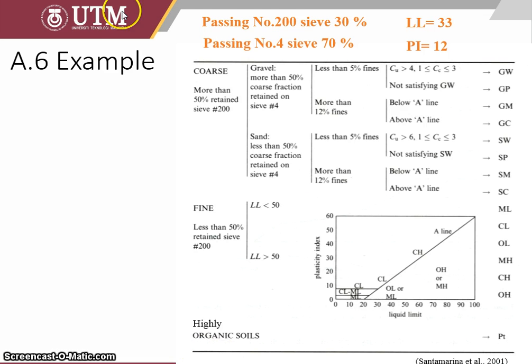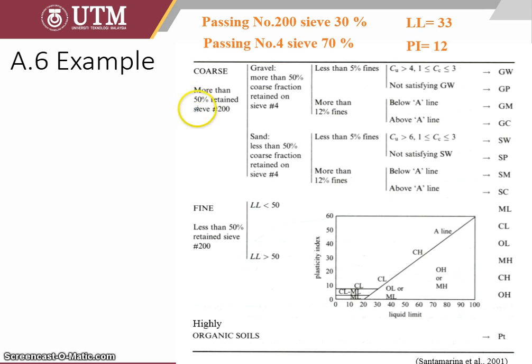Let's say we have data: passing number 200 sieve is 30%, so silt and clay is only 30%, with a liquid limit of 30 and PI of 12. Whereas passing number 4 is 70%, which means it might be a sand, not a gravel.